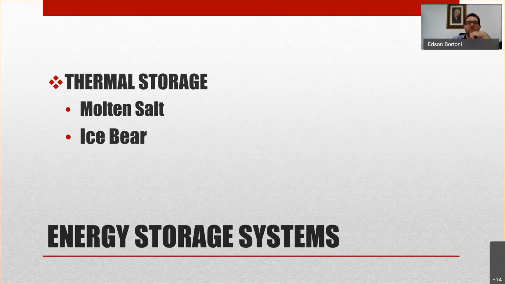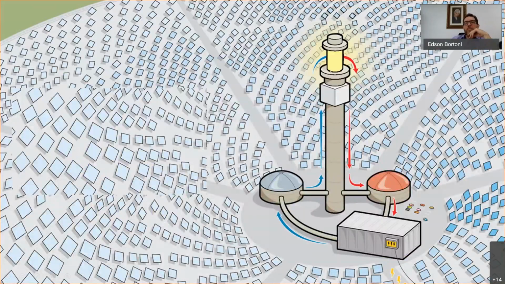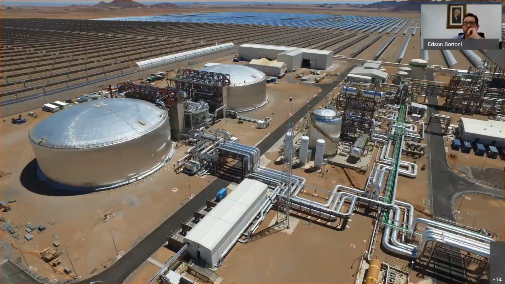Thermal storage in molten salt or ice bear. Remember the CSP, we have to store energy, so we can store the heat in molten salt and cold in this molten salt. The heat may be high temperature or low temperature. So in solar power plants, concentrating power plants, sometimes you have molten salt applications to store energy.